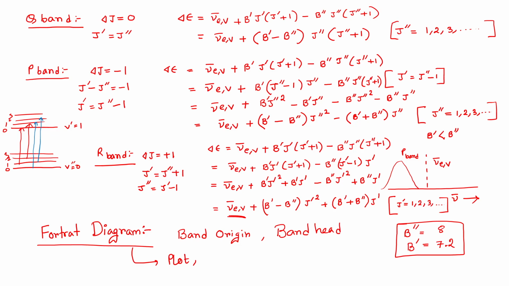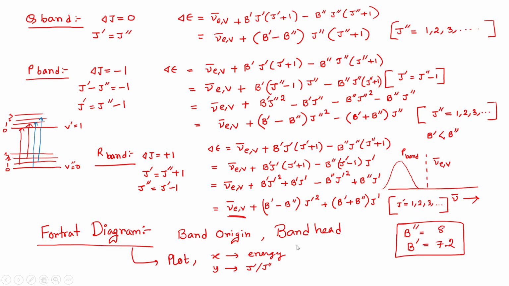So we'll plot, and the x axis will be the wavenumber (nu bar), as we are writing in terms of energy, delta E, and your y axis is going to be J or J dash, depending on which we are working with.